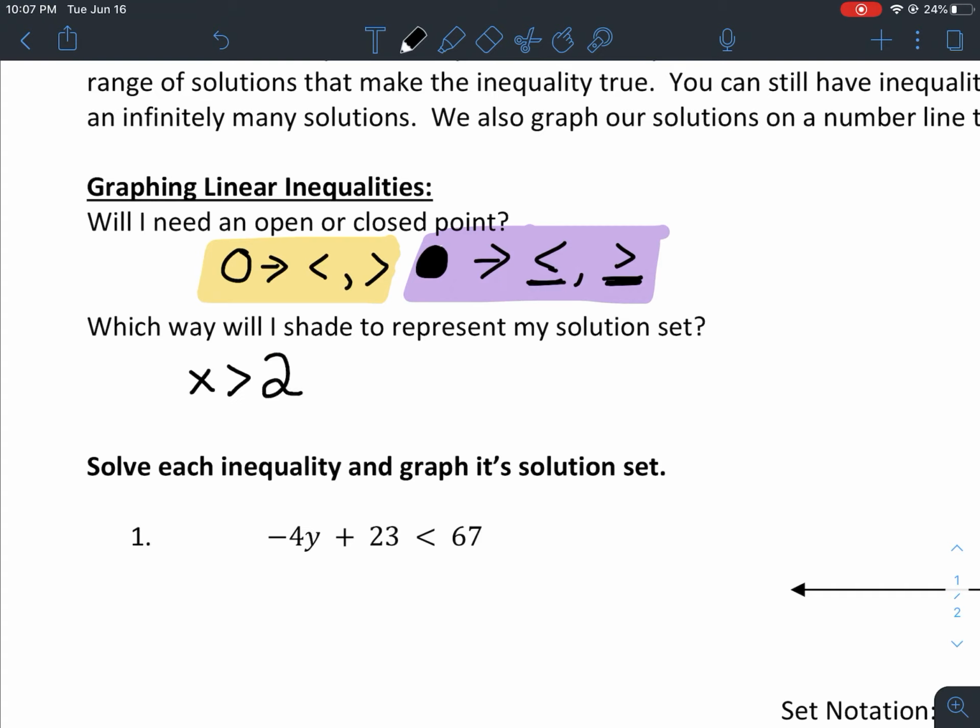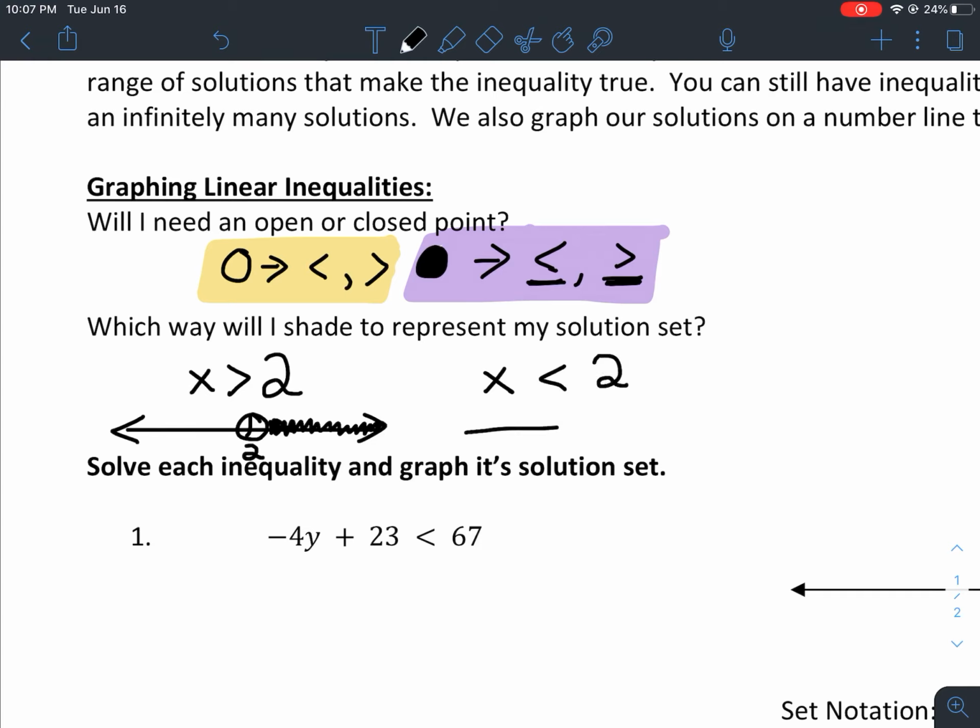And now which way will you shade? Say, for example, you had x is greater than 2. How you would shade that is, first of all, since it's greater than at 2, you would have an open circle. You don't see any equality. You don't see a line under the inequality sign. Since it's greater than, that means bigger than 2. All the numbers bigger than 2 are to the right, so you shade to the right.